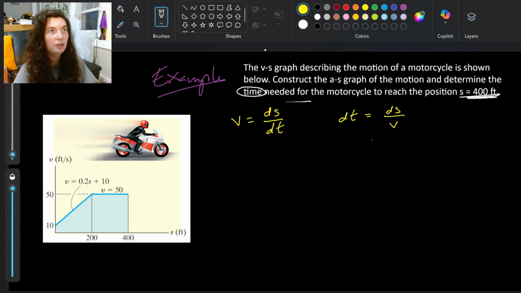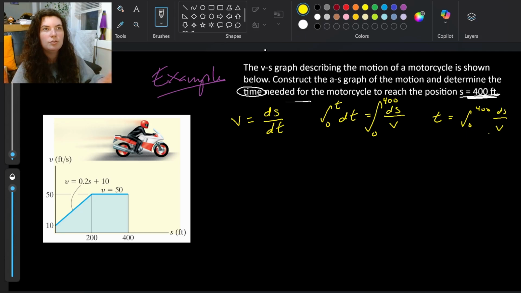So when I integrate this function, I get the integral from 0 to t for my dt, and the integral from 0 to 400, that's the entire position span I'm moving through, for my ds over v. That way I can solve for time from 0 to 400 of ds over v.